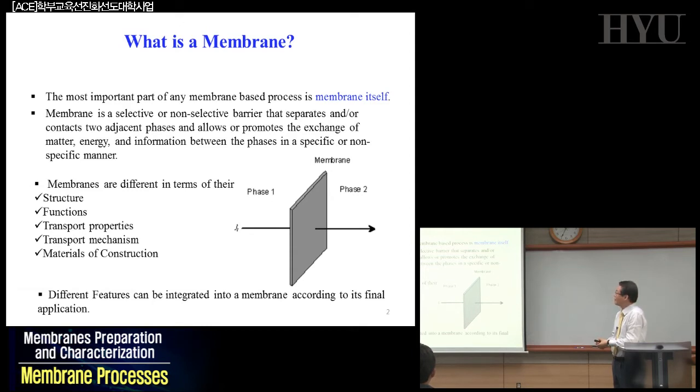Selectivity, permeability, or flux are very important transport properties of the membrane. If it doesn't select among the mixtures, then there is no use for this membrane.